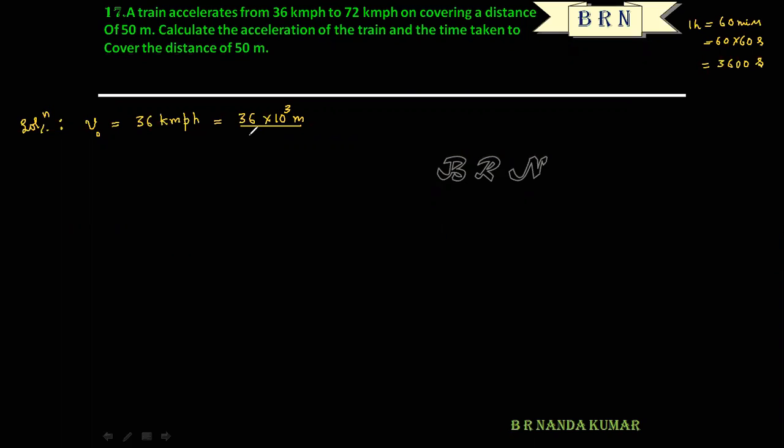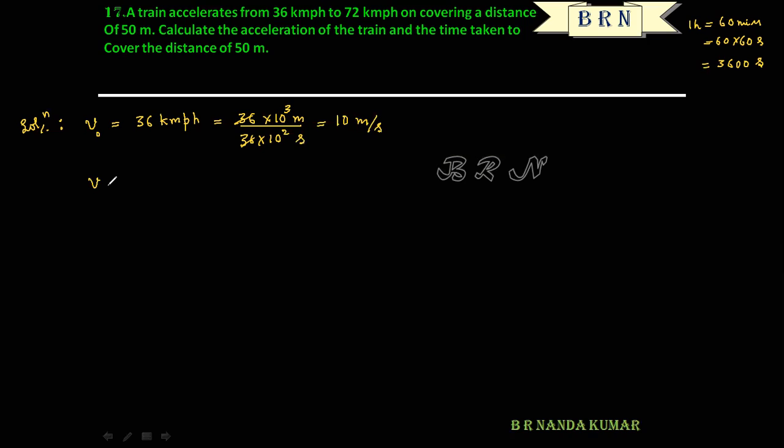So that can be written in the form of 36 into 10 power 2, right? So 36 cancels, 10 power 2 is shifted to the numerator. So what happens? 10 power minus 2 into 10 power plus 3, that is 10 meters per second. So this is the initial velocity of the train.